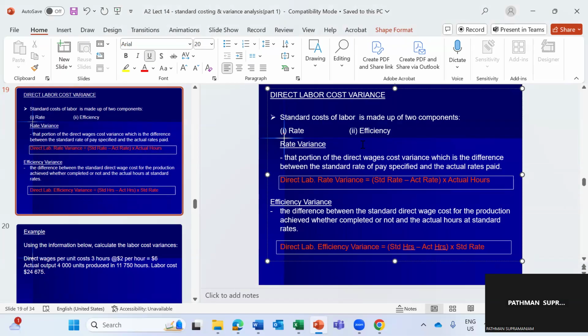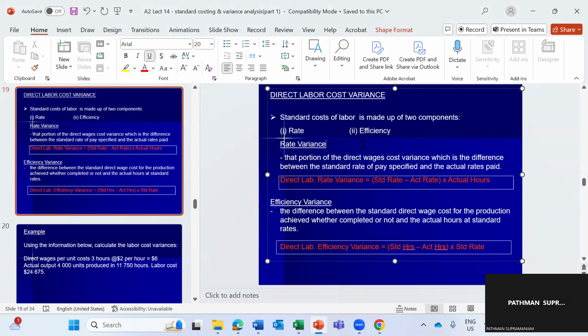Okay, so this difference in labor rate can be higher or lower than the plan rate due to reasons happening after the planning stage. For example, if at the budgeting stage, you plan to pay labor $10 per hour, but during the actual stage, when we wanted to employ labor, let's say there was shortage of labor in the market.